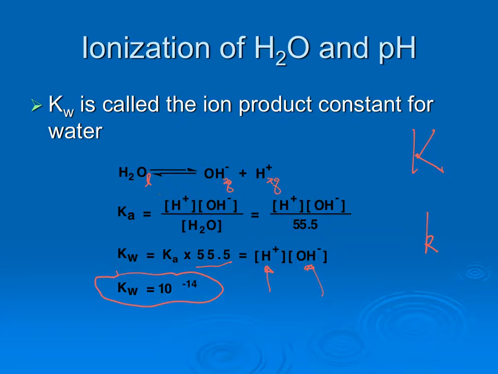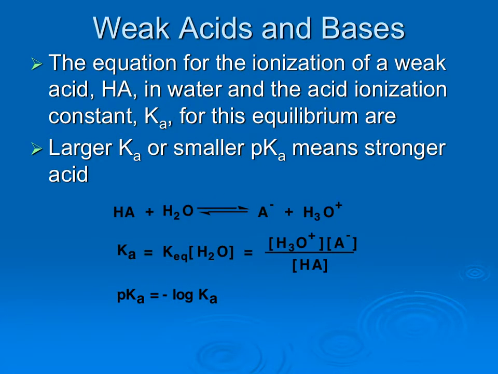But like I said, normally we take the time to work it all out on your own. You may want to review that part in your textbook or online. Weak acids and weak bases are a little different, in the sense that now we don't just have water, we have another player, which they like to use the generic HA. The conjugate base is A minus.